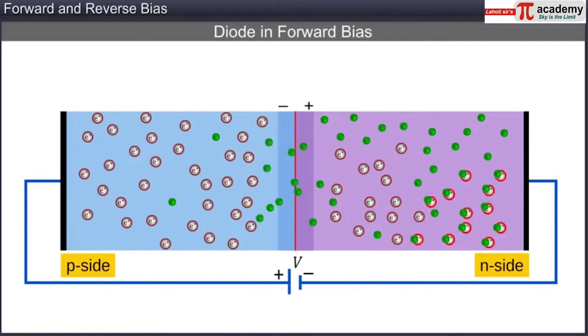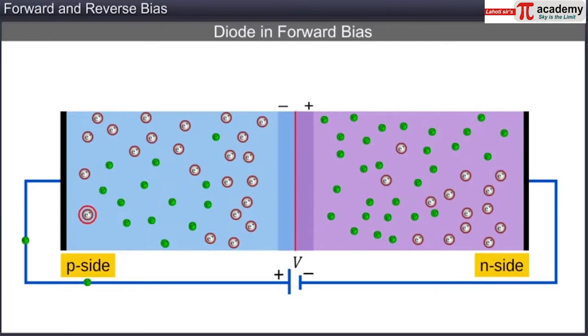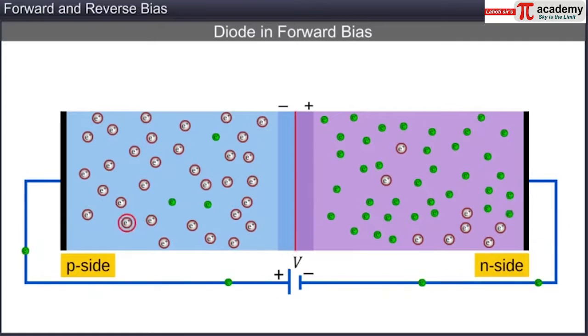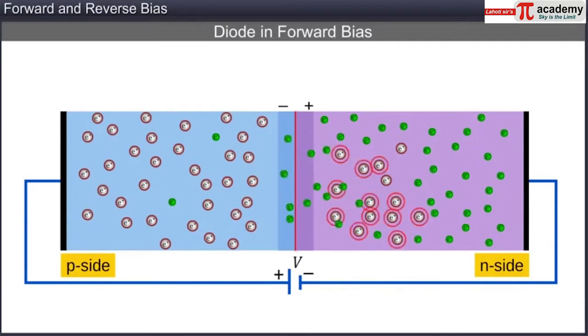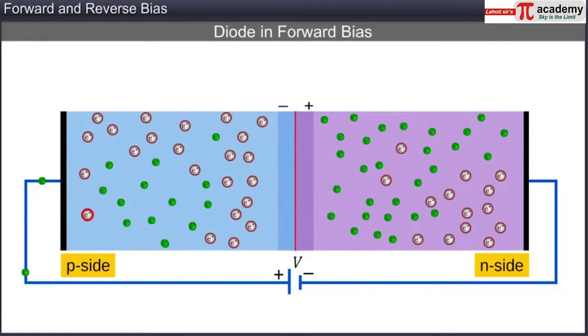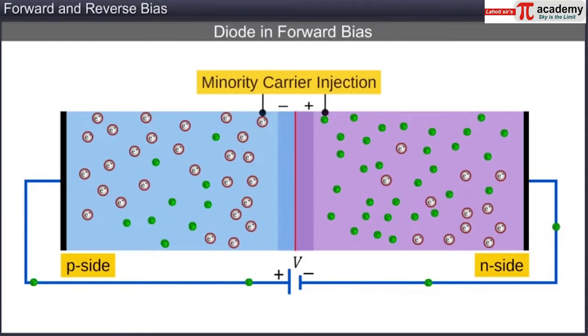Since holes and electrons are the minority charge carriers in the N region and P region respectively, this increased diffusion of charge carriers in a forward biased diode is also called minority carrier injection.